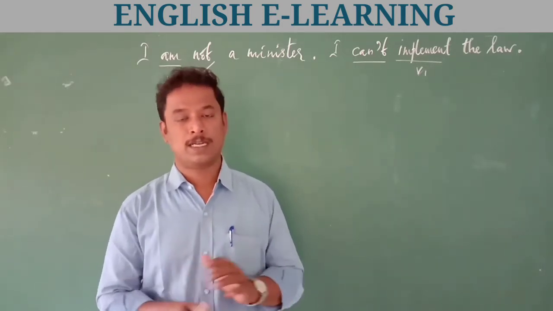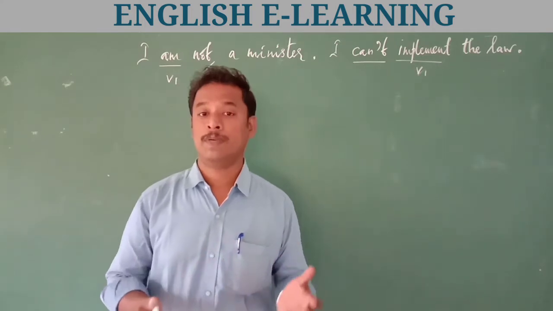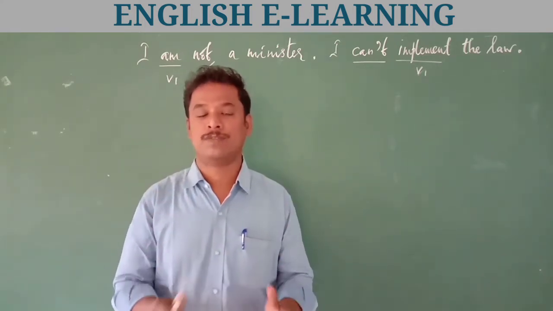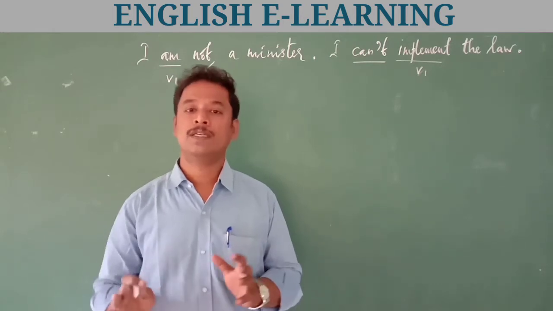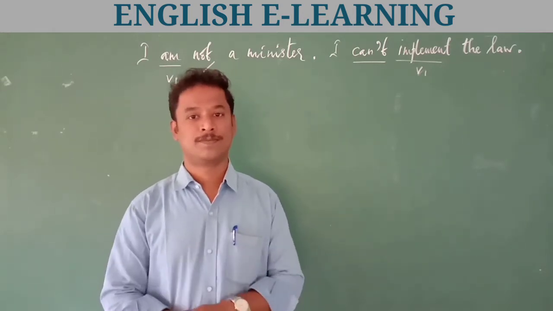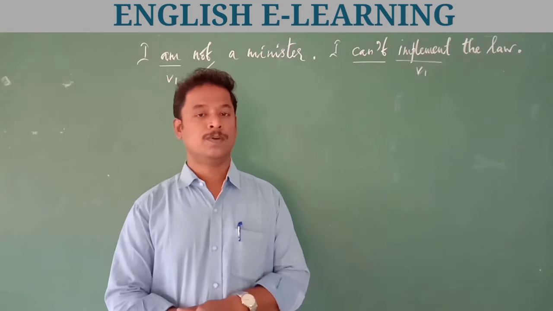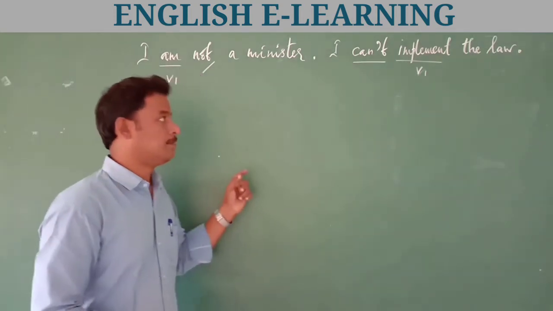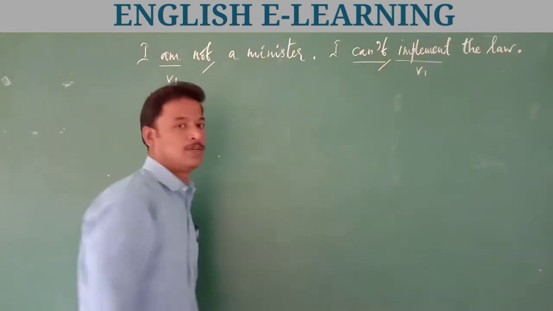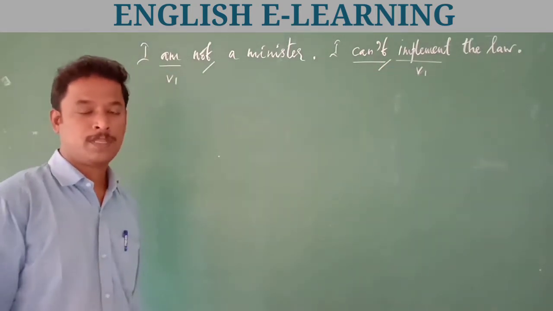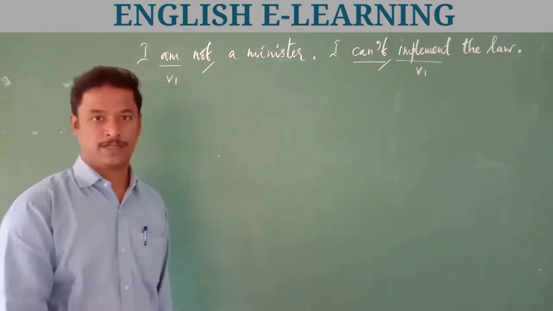This second conditional clause will be happening in our imaginations. We are imagining that something should happen, right? So this example has the negative terms in both sentences. Okay, there is no positive idea here.